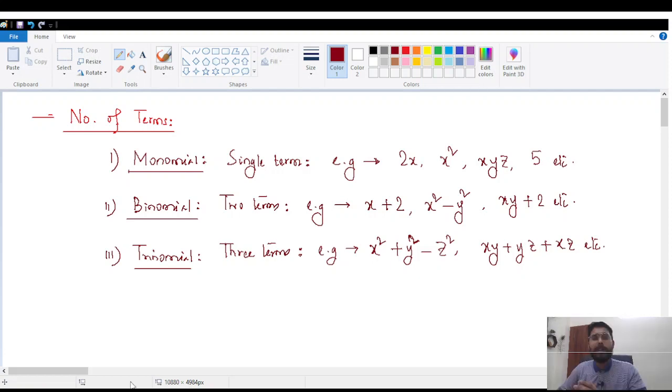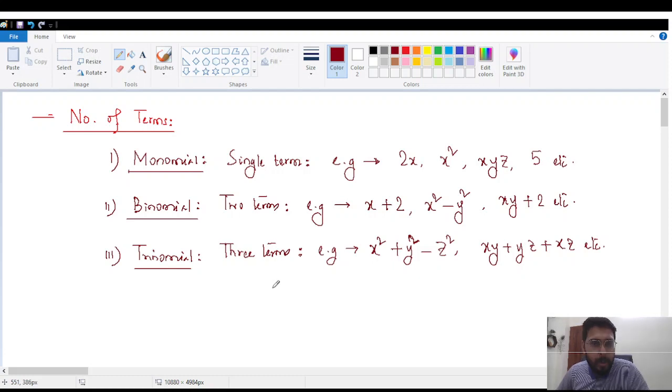After trinomial, whatever category comes, let's say 4 terms or 5 terms or 6 terms, we generally call them polynomials only. So this is one of the classifications, which is about the number of terms.